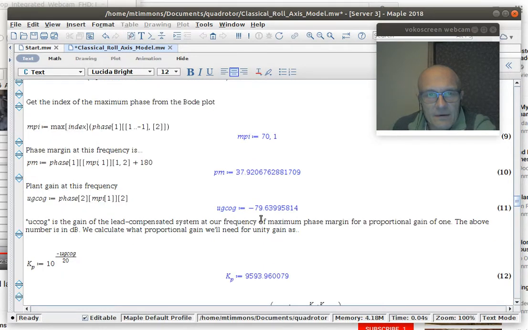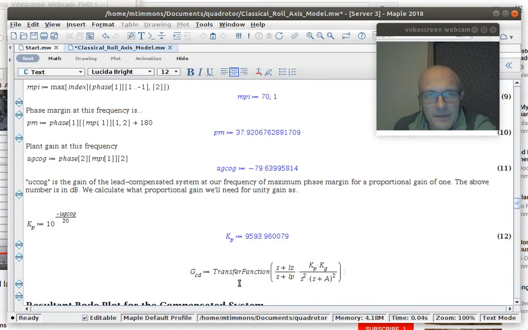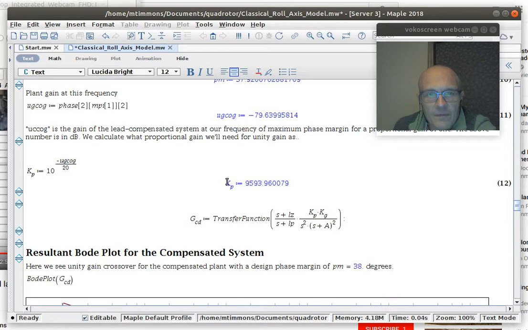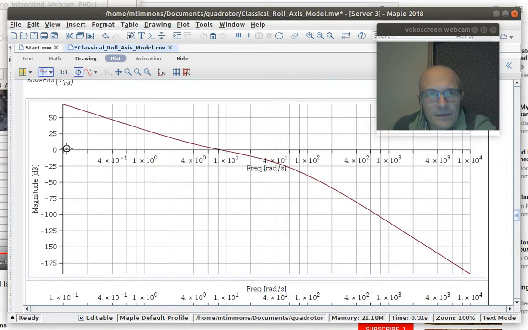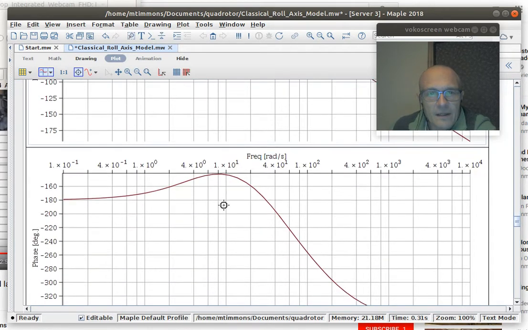It was at roughly minus 80 dB, and I simply calculated a proportional gain required to bring that up to unity gain. And so there is the proportional gain required to give us unity gain crossover at our frequency of maximum phase margin, given where we place that lead zero.